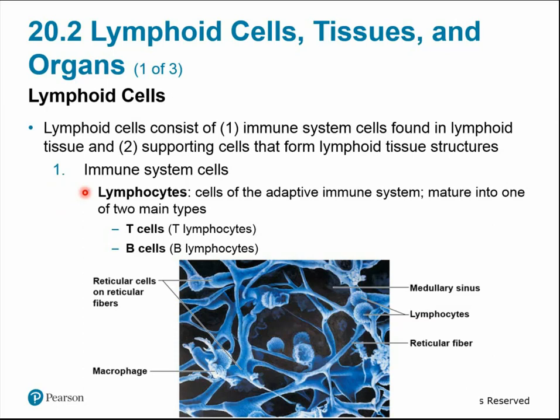Like we said, the lymphatic system is the connection or the bridge between the cardiovascular system and the immune system. In the next chapter, the immune system, chapter 20, we'll talk more in depth about lymphocytes, but for now, just know they are part of the adaptive immune system, and they become either a T cell or a B cell.